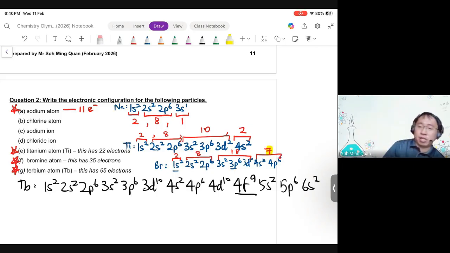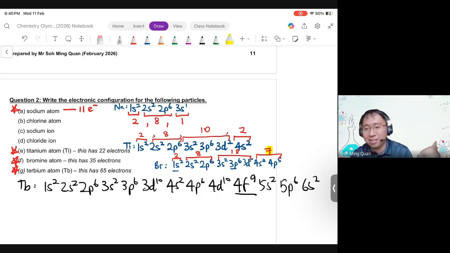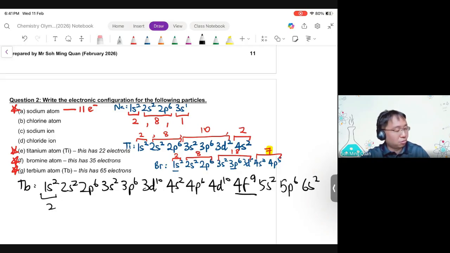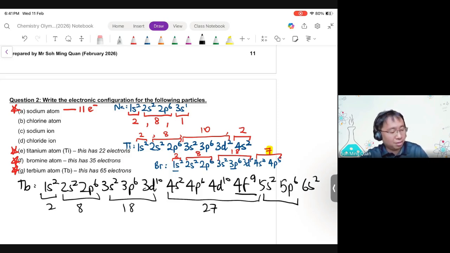Because bromine is in group 17, just like chlorine. And of course, for terbium, it's much more complicated, as I'm sure you can imagine. 2, 8, 18, and then the fourth shell is like 2 plus 6 plus 27, then 8, 2. So it's weird, right?